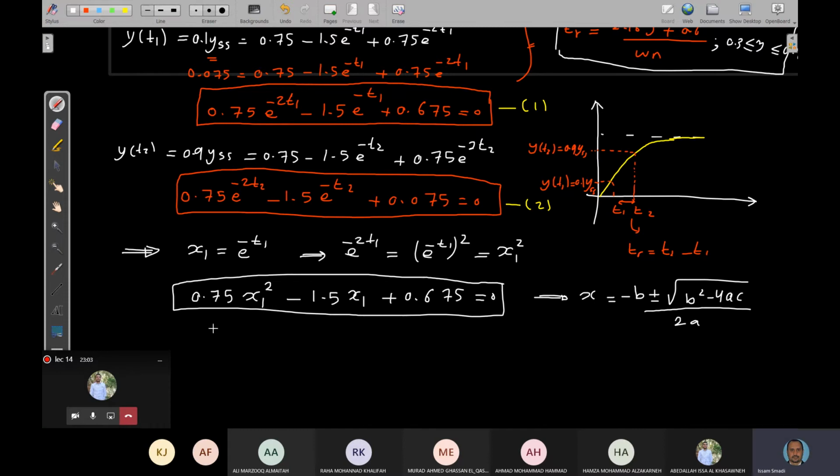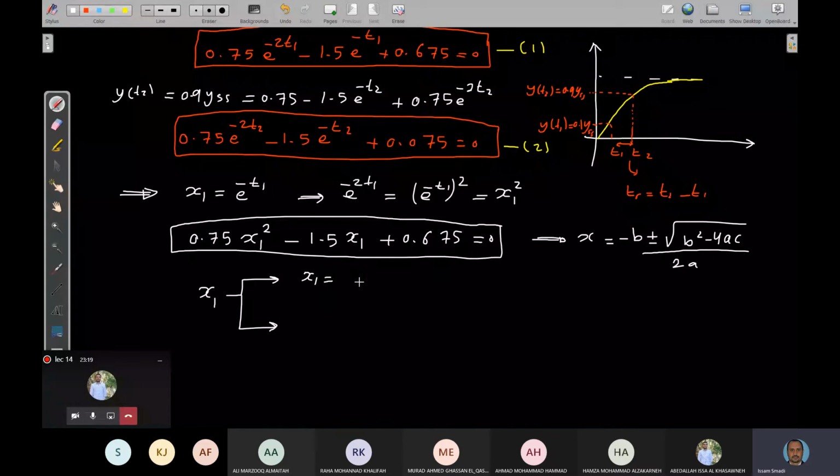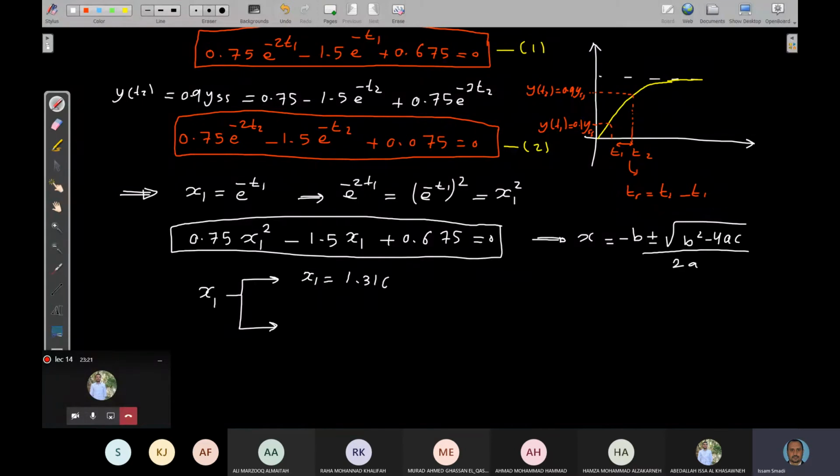If I do the math here, I will find that x1 has two roots. The first one is x1 equal to 1.316. The second one, x1 equal to 0.684.